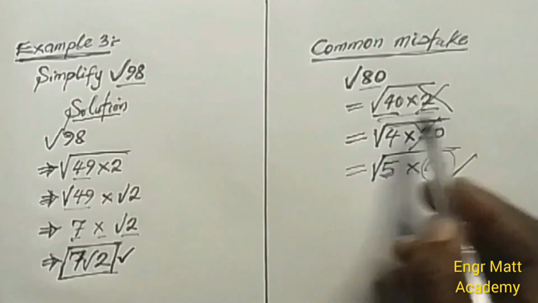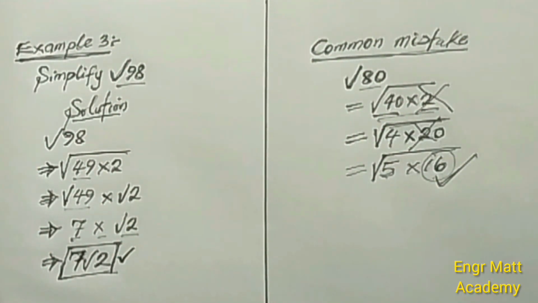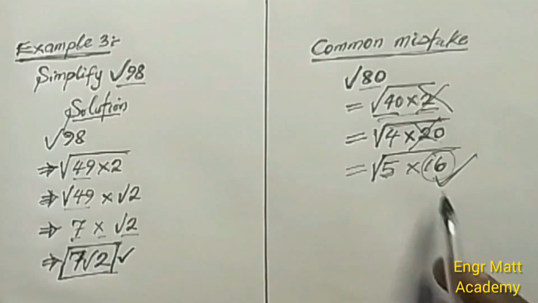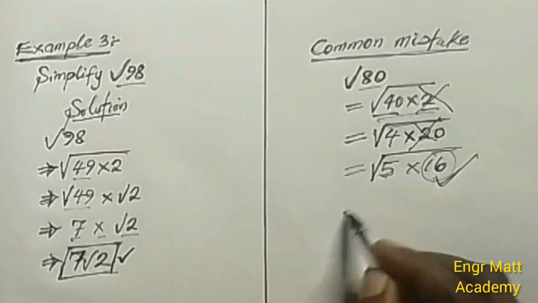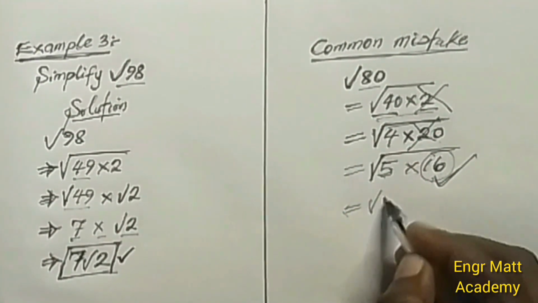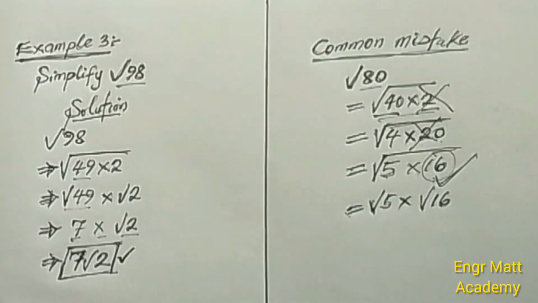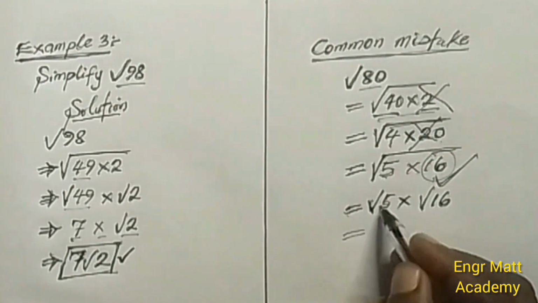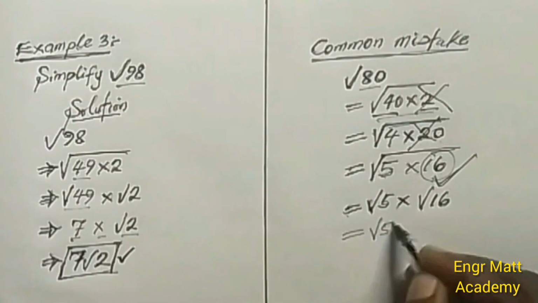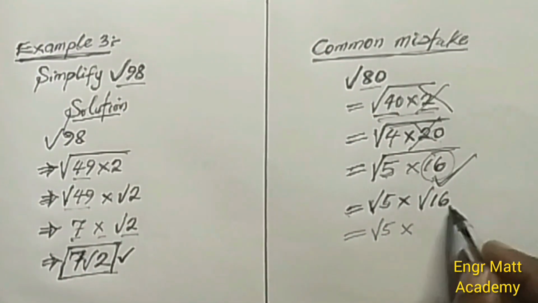So avoid just multiplying any two numbers. Ensure that one of the factors is a perfect square. Because 16 is a perfect square, if we go with that, we now have root 5 times root 16. What happens next? Root 5 is a surd, so we leave it at that, times root 16.